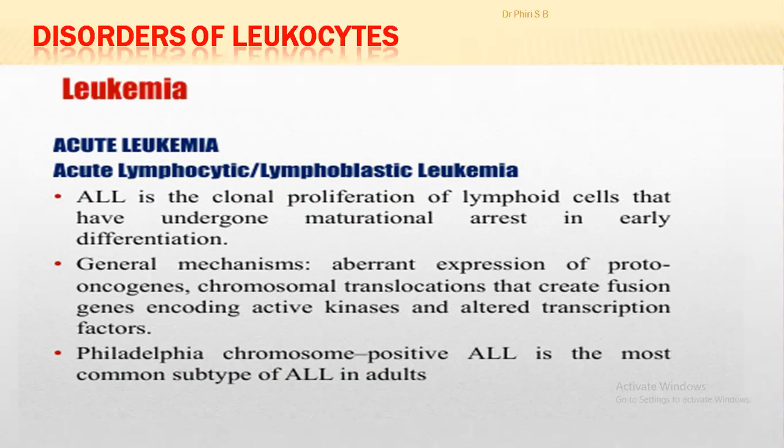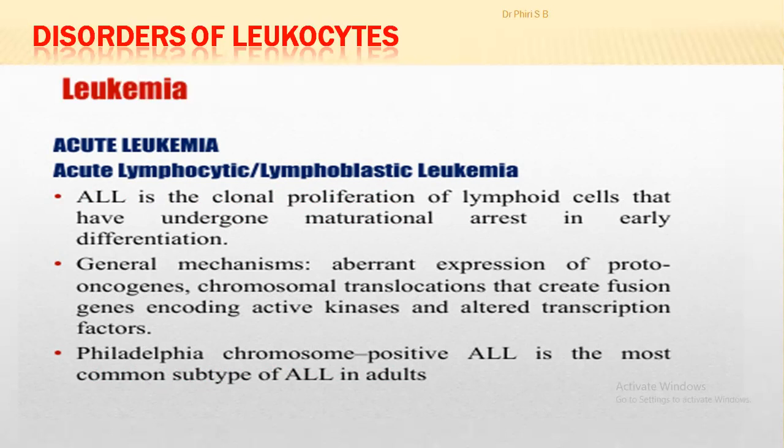So there's a lot of mutation and translocation of these chromosomes from one chromosome to another that will result in the acute form of lymphocytic or lymphoblastic leukemia. Then you can also have Philadelphia chromosome positive.